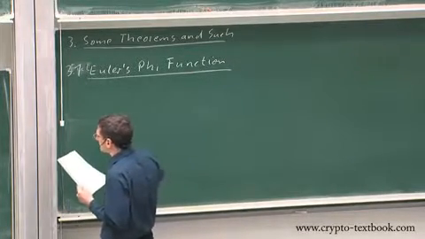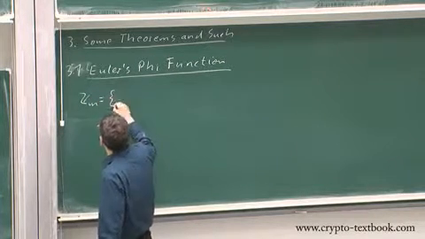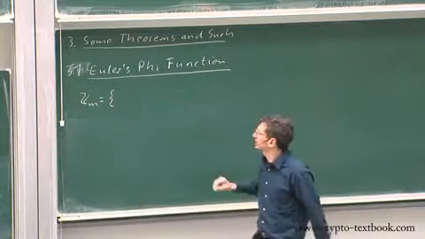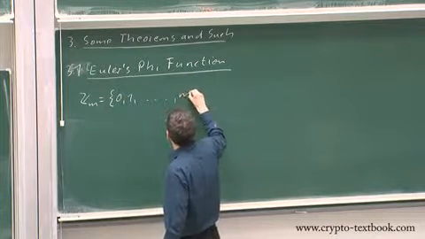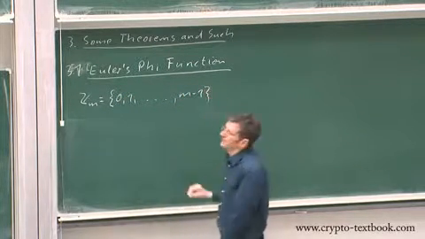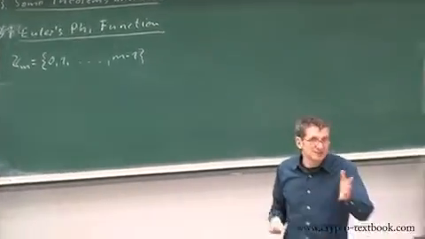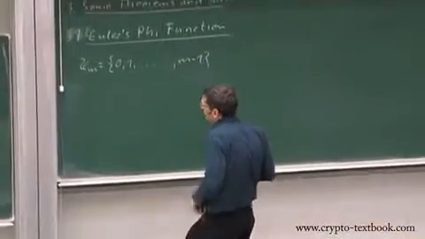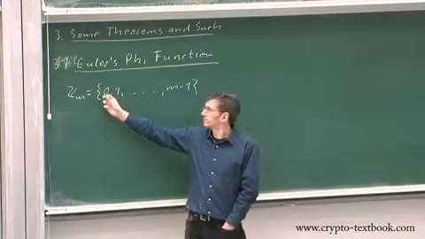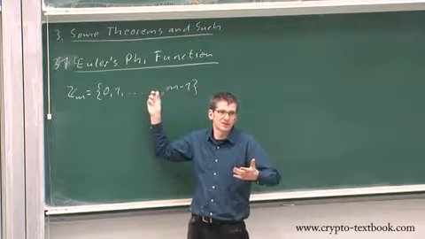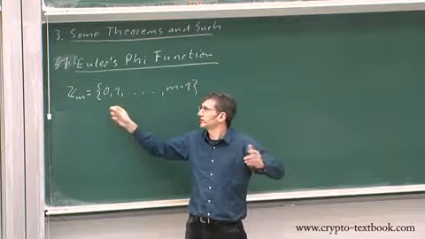Namely, you have Zm, that means a set of integers starting from 0, 1, up to m minus 1. For whatever reason, which seems very strange at the moment, you would like to know, you have m numbers here, 0, 1 up to m minus 1, how many of these numbers are relatively prime to m.